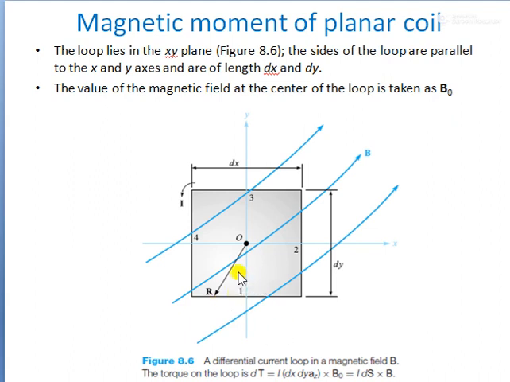You can observe in the figure, differential current loop in a magnetic field B, the torque on the loop is dT, that is I dx dy az cross B0, or it can be I dx cross B.